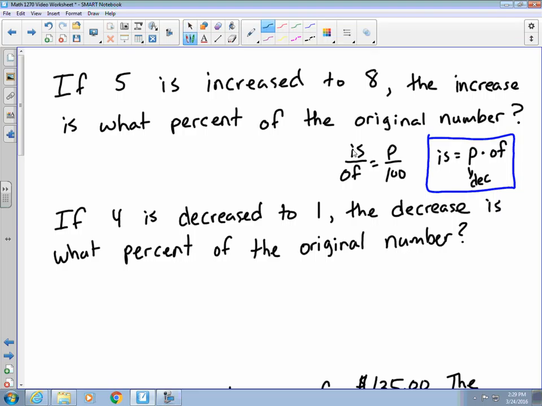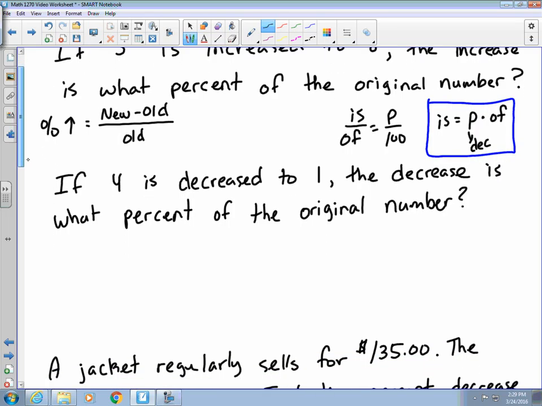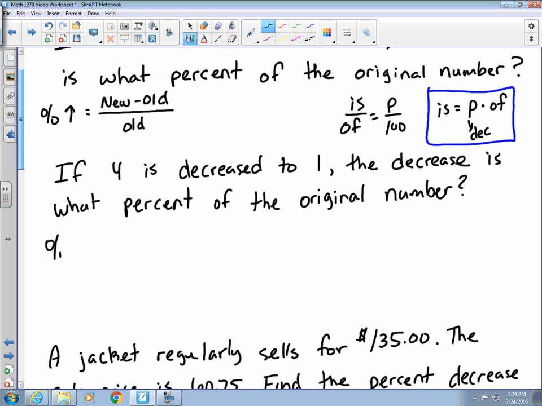But something else that I need to also mention that I did not tell you yet is the percent increase and percent decrease formula. So the percent increase formula is going to be your new minus your old divided by old. And percent decrease will be the other way around.